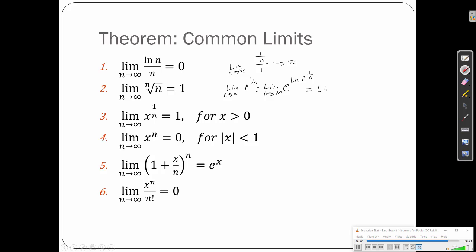I get limit as n goes to infinity of e to the ln of n over n. We already know that goes to 0, from problem 1, so this goes to e to the 0, which is just 1.